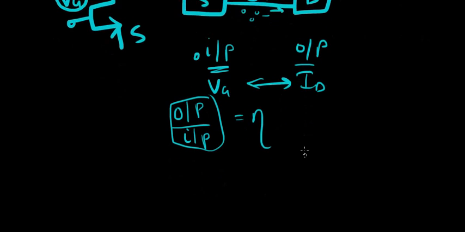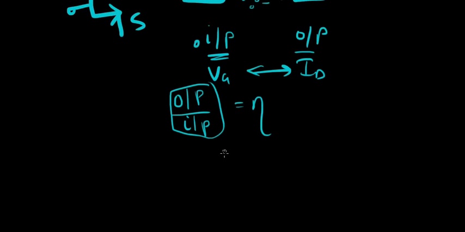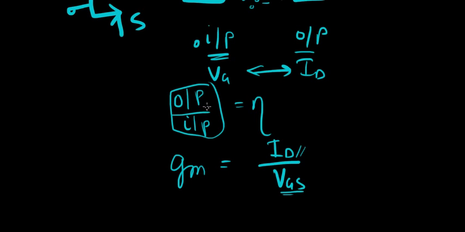Likewise, for our MOSFET, we're going to define an efficiency parameter, and that is called transconductance. What it means is you're going to be looking at how much current you get based on the gate voltage you apply, right? This is the input, this is the output. Matches the efficiency definition? So transconductance is nothing but the efficiency or the sensitivity of your MOSFET.